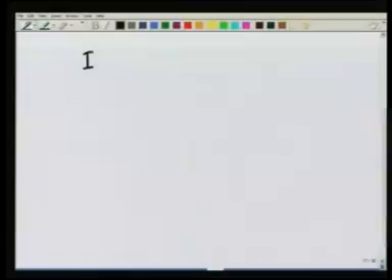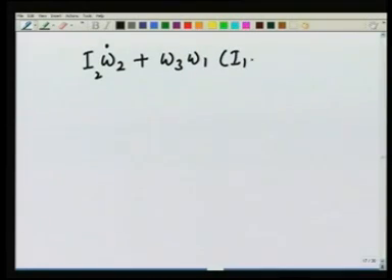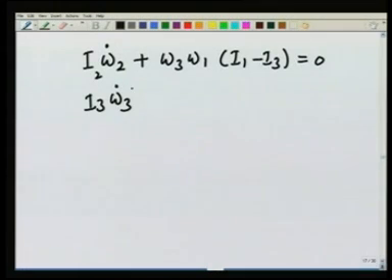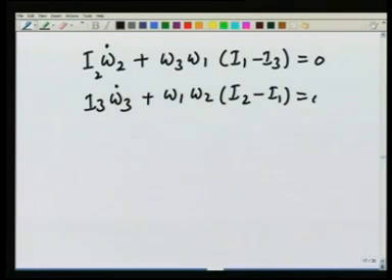What happens to omega 2 and omega 3, which are very small to start with? Let us see that. So, the equation for omega 2 and omega 3 is I2 omega 2 dot plus omega 3 omega 1 (I1 minus I3) is equal to 0, and I3 omega 3 dot plus omega 1 omega 2 (I2 minus I1) is equal to 0.